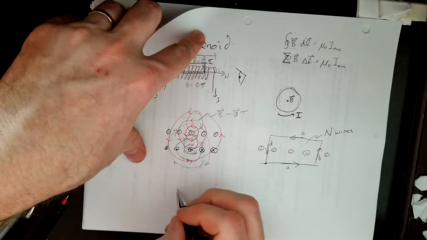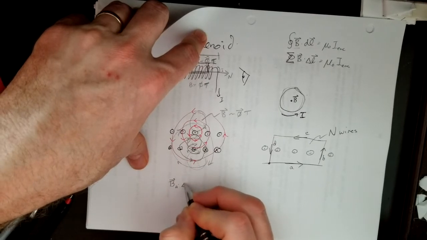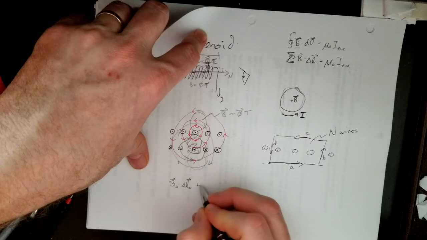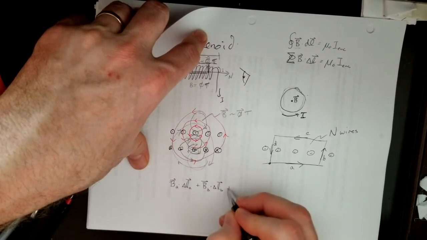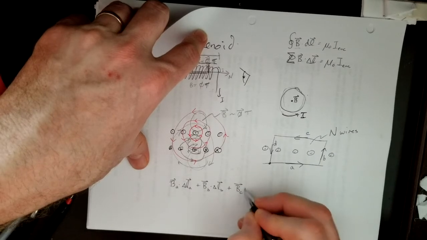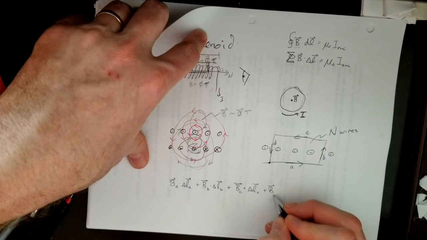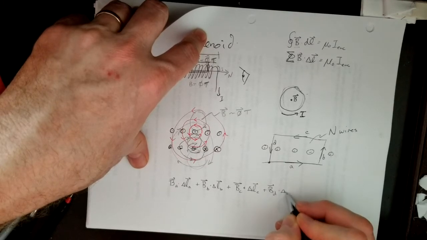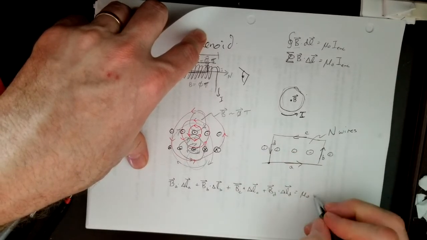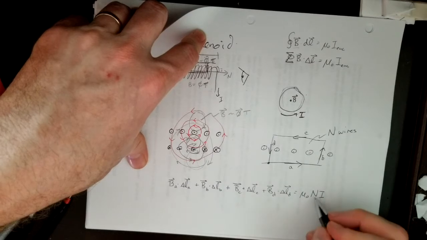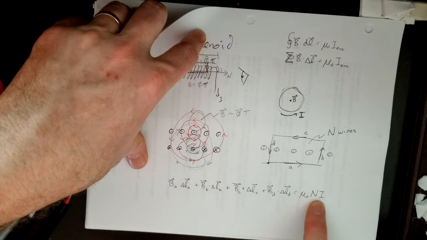And so this becomes B_a dot delta L_a plus B_b dot delta L_b plus B_c dot delta L_c plus B_d dot delta L_d is equal to mu naught times the current. Well, I've got capital N wires, so I have capital N times I. That is the total current that is enclosed here, because each wire that's inside has its own current.